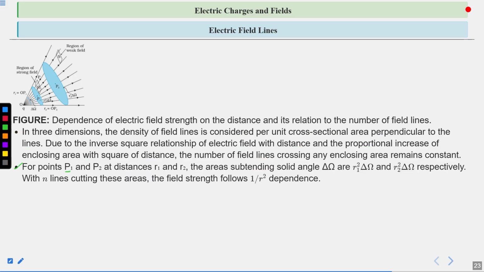For points P1 and P2 at distances R1 and R2, the areas subtending solid angle delta omega are R1 square delta omega and R2 square delta omega. With n lines cutting these areas, the field strength follows 1 upon R square dependence. So, if R varies, the field also varies.